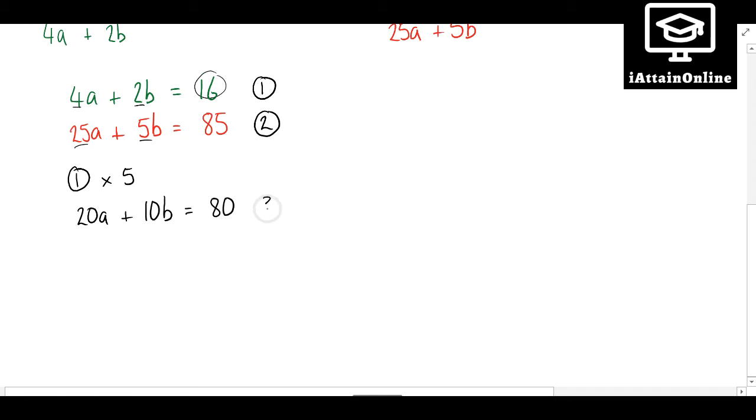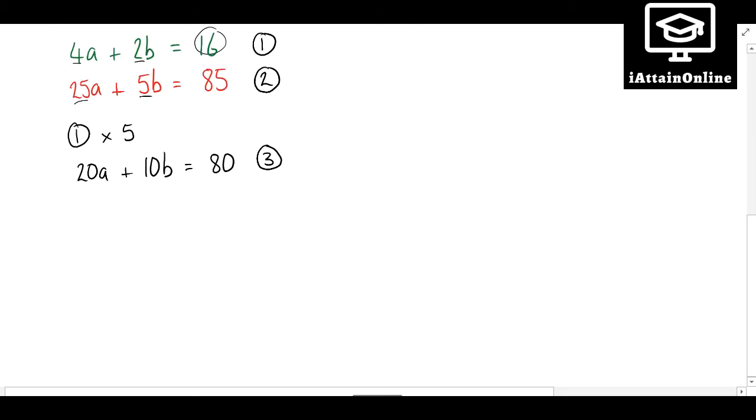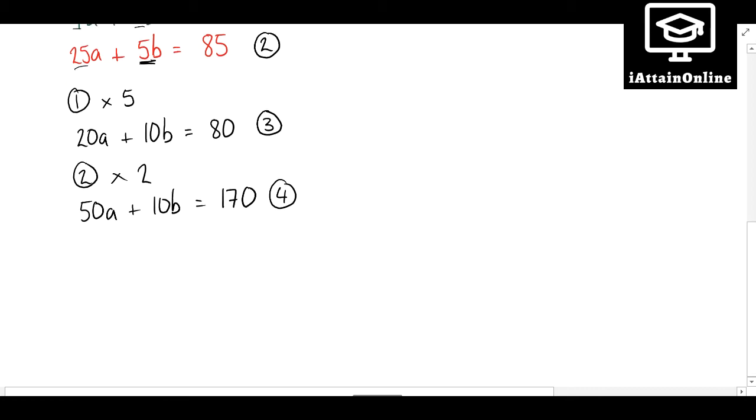And we're going to call that equation 3. Now I'm going to do equation 2. Remember, I want to make this bit 10, so I'm multiplying the whole equation through by 2. So I end up with 50a plus 10b equals 170. I'm going to call that equation 4.